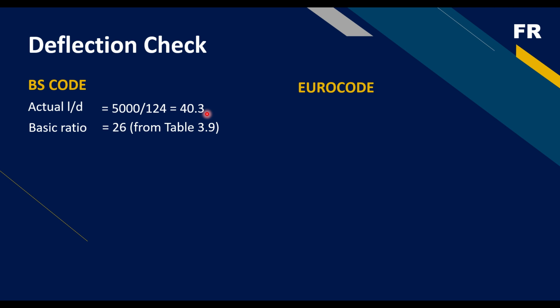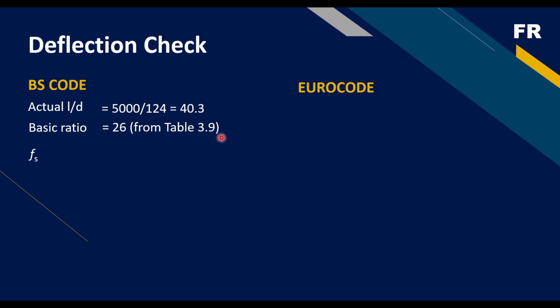What defines the basic ratio is the type of section, either rectangular or flanged, and also the type of support, either simply supported, cantilevered, or continuous. Based on the layout that I showed you, our slab is continuous on two sides. That is, it has slab on two of the four edges, so you can classify it as continuous. So because of that, the basic ratio is 26 according to Table 3.9 of BS 8110.